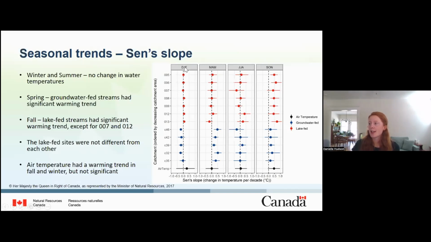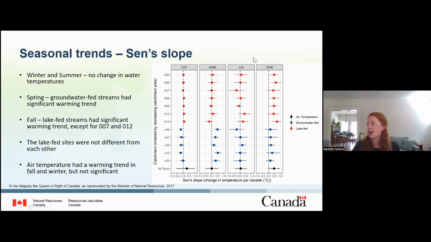So if we look at winter and summer, these points are really hanging out around the 0 line. There's not much change in temperature going on over our study period, except for 2 of our groundwater fed sites here, 46 and 32, which had a small significant cooling trend. And then if we look at the spring, the lake fed sites show no real change here, but the groundwater fed sites had a small significant warming trend between 0.2 and 0.5 degrees per decade.